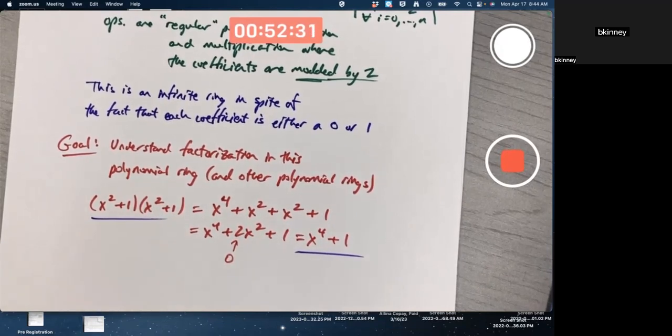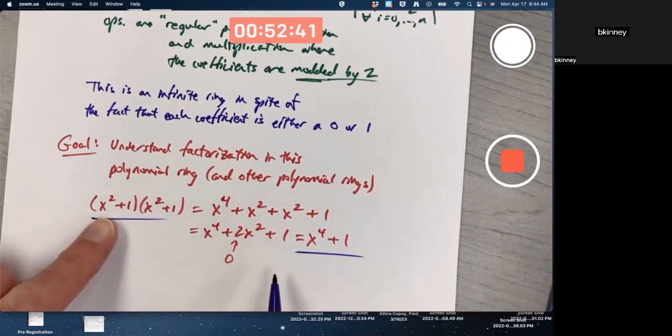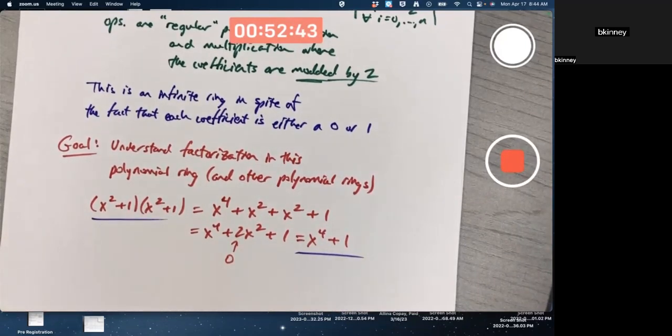You can't do that if we weren't modding the coefficients by 2, right? If I didn't mod that coefficient by 2 to get 0, I could not say x squared plus 1 times itself is x to the fourth plus 1. And I could not factor x to the fourth plus 1 as the product of these two.